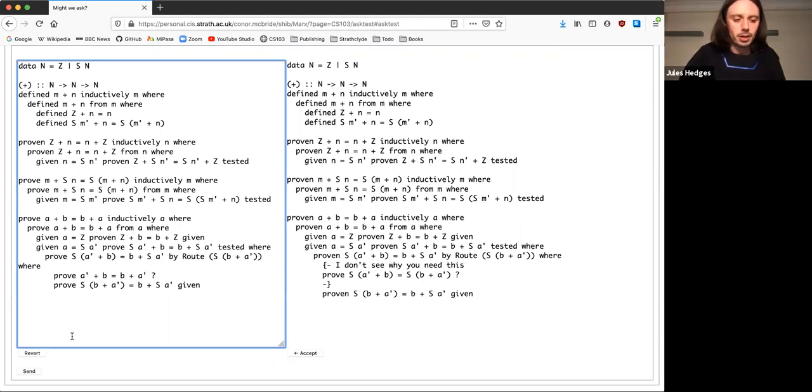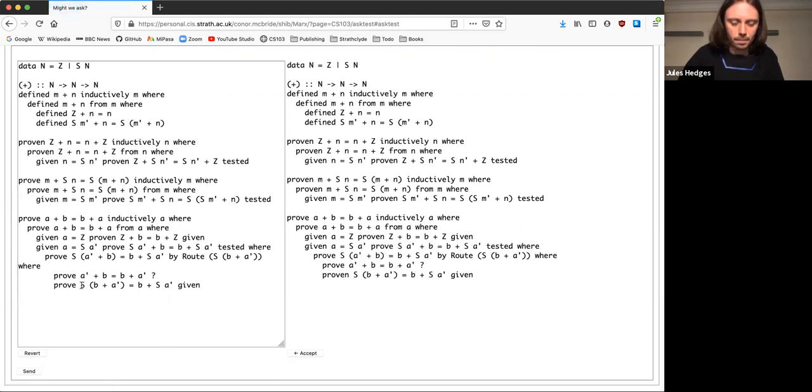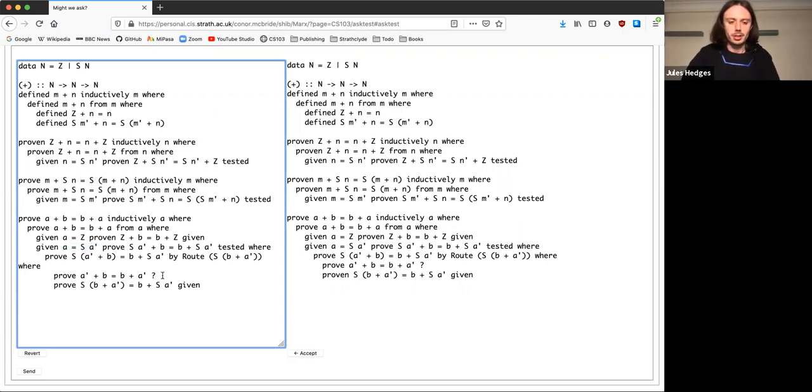And now ask will accept this. If you look at the thing that we need to prove, this is exactly our inductive hypothesis. This is a plus b equals b plus a, but with a replaced with a prime, which is a minus 1. So this is our inductive hypothesis, so we can get it by given.